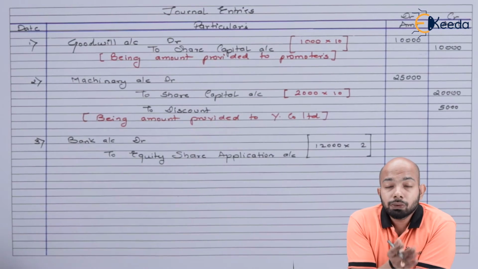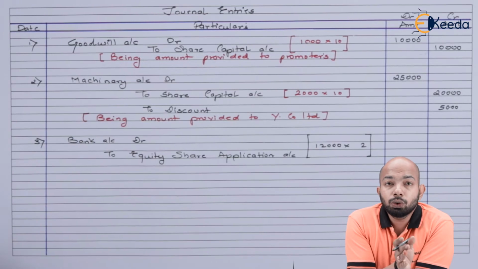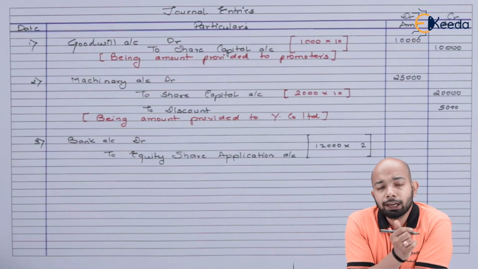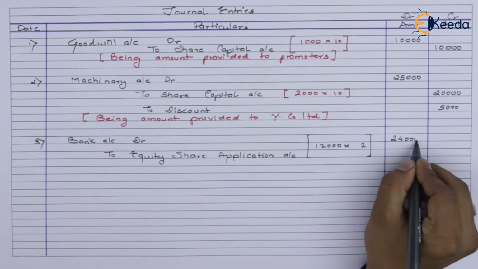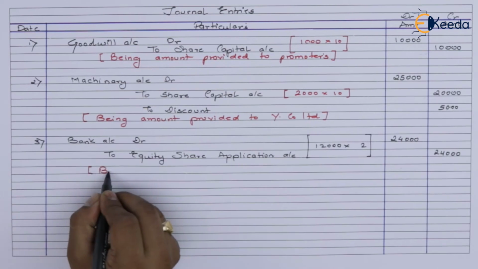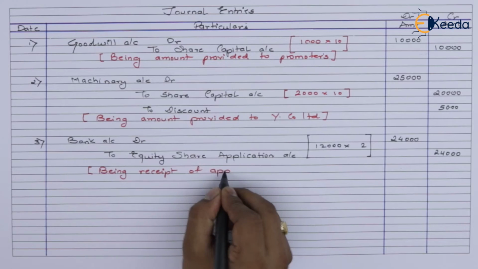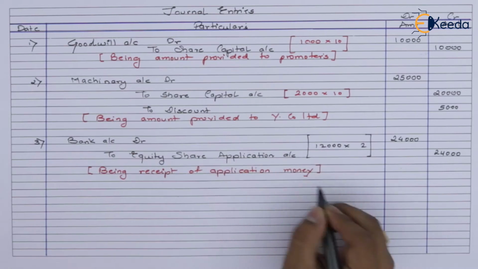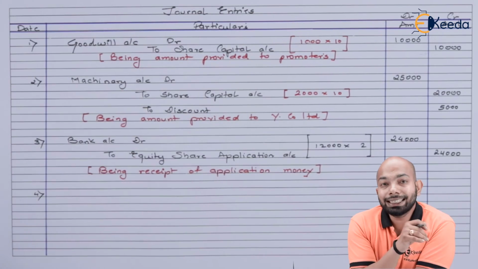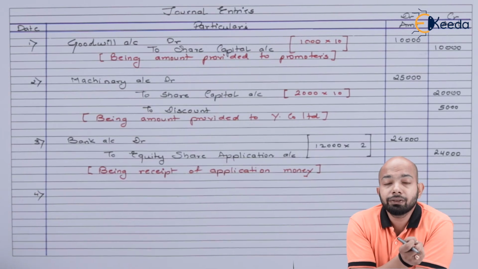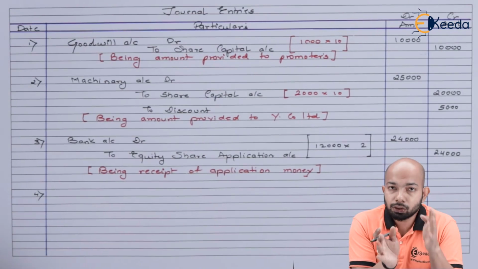An application was supposed to receive somewhere around 2 rupees per share. 12,000 multiplied by 2 will give an amount of 24,000 that will be mentioned here. The next entry will refer to whatever application money we have received, we have to transfer it to share capital. So let's transfer that.